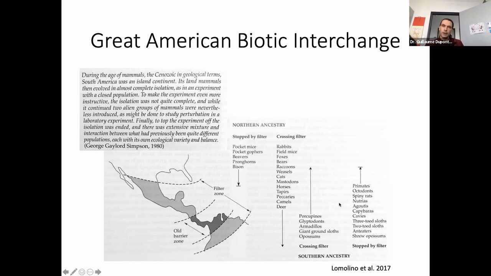Yeah. On the other hand, we have only a few species from South America, which made it into North America. We have the porcupines, yeah, in German Stachelschweine. Then we have glyptodons, these are extinct species. We have the armadillos, yeah, so glyptodons are related to them.